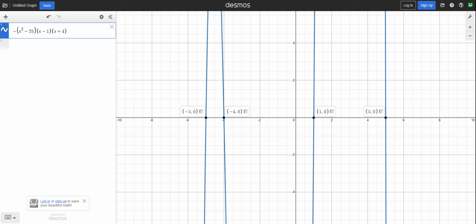No, use whatever method you like best. Okay? Use whatever method you like the best. Negative 5. And it says x-intercepts, not zeros. So this is the pain in the butt.